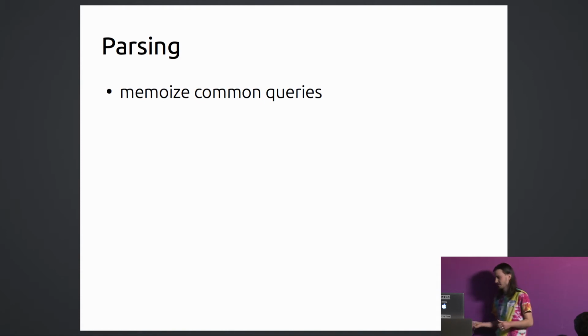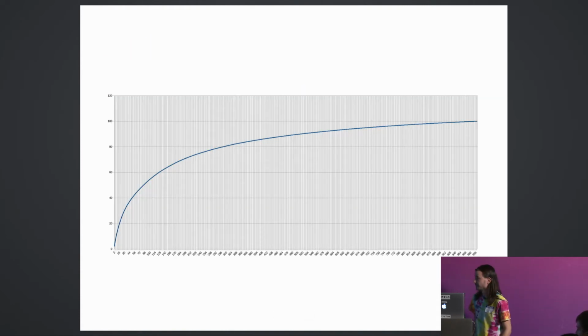So to see how much we could save with an optimization like this, we would look at some data. This is a chart that shows what percentage of production traffic would be covered if we stopped parsing the top X queries. Now the exact numbers here are not important.